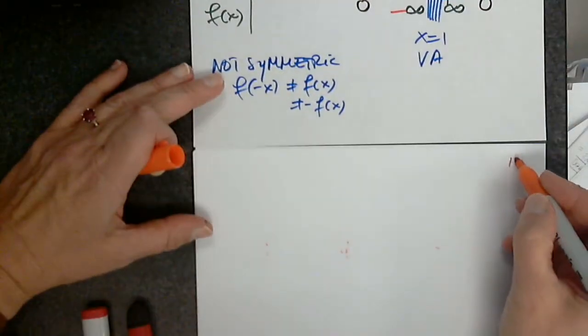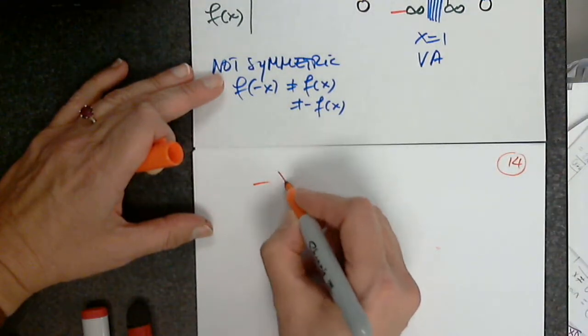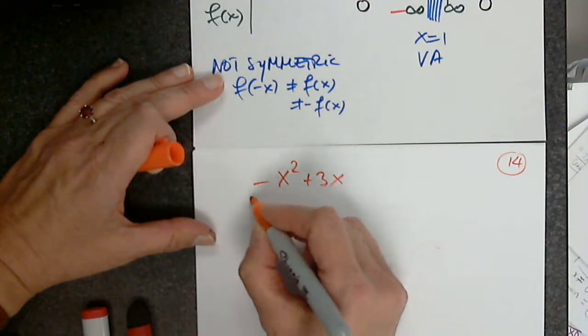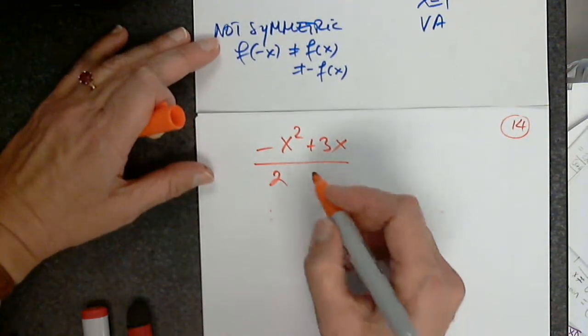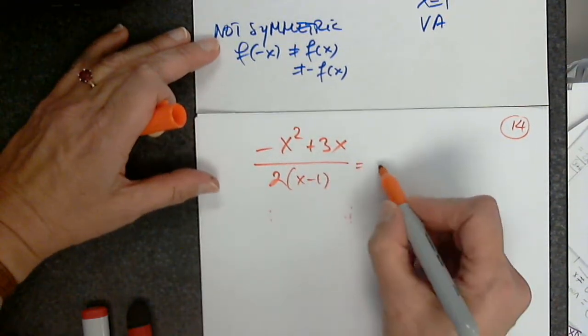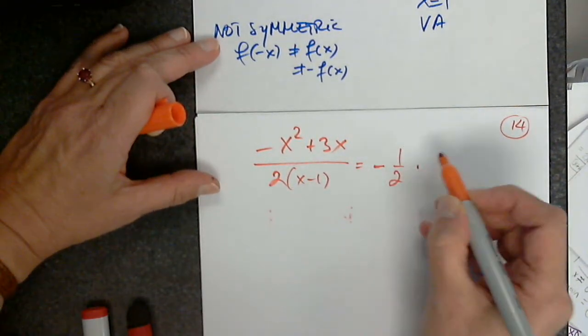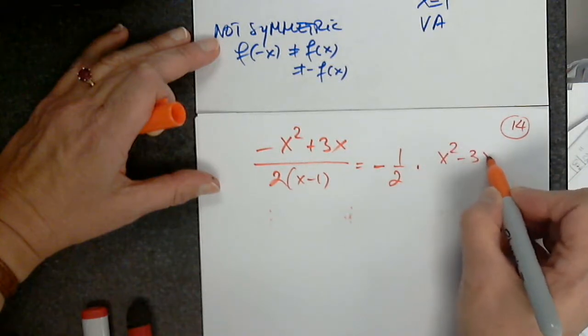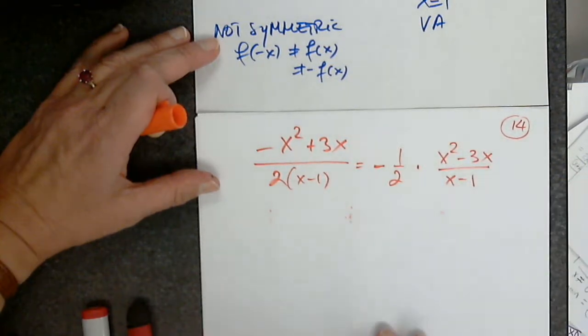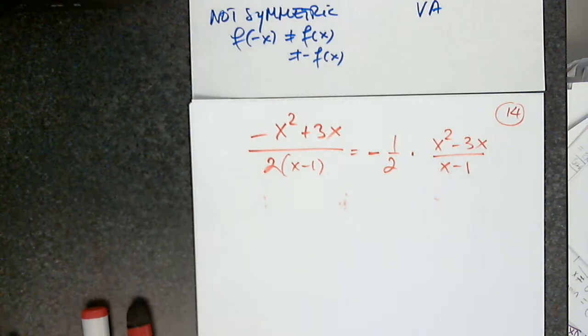So I'm going to copy the function here. So it's negative x squared plus 3x over 2 times x minus 1. So I'm going to say this, x squared minus 3x over x minus 1 is the same thing. And that constant can wait outside patiently. I don't want to involve it. It messes me up.